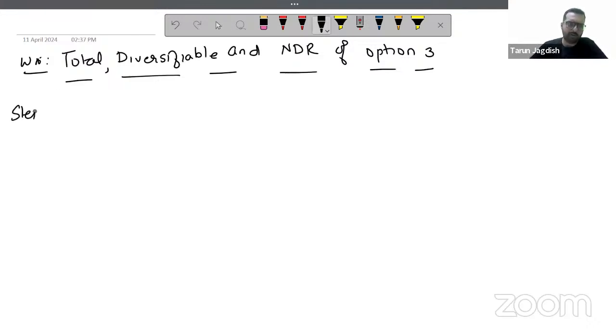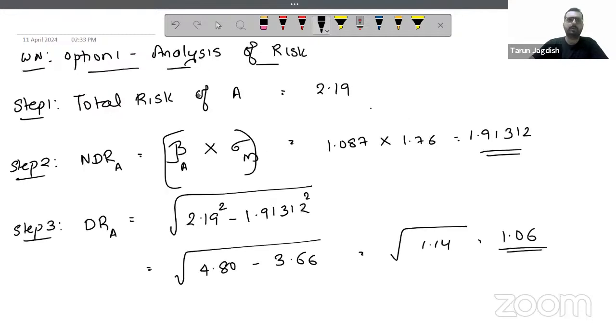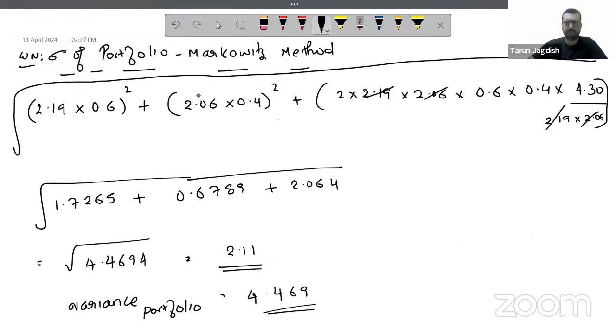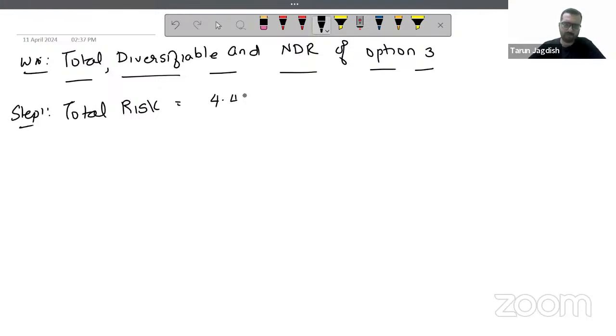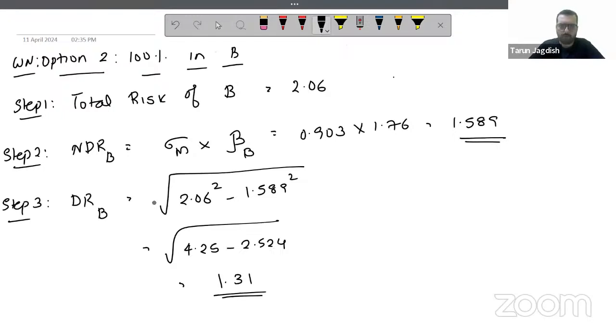In that, I'll write down step number 1, my total risk. This we have already found out using the Markowitz method, 4.469. Step number 2 is going to be the non-diversifiable risk. That will be beta overall into standard deviation of the market.